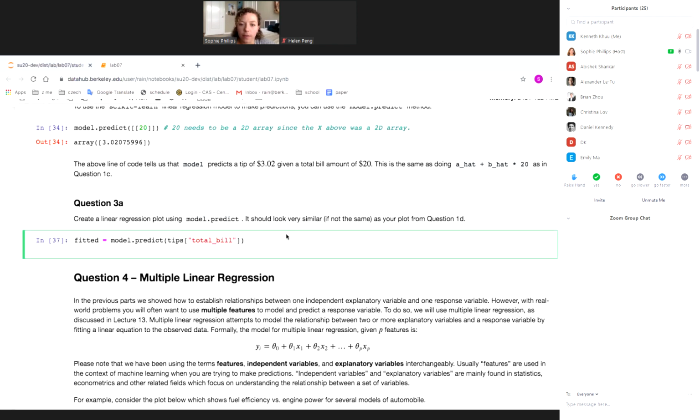To make it similar to the 1D, let's first scatter. I'm going to use Seaborn to scatter the data. I think we had total bill as the x-axis, and tips, and let's just see what that looks like.